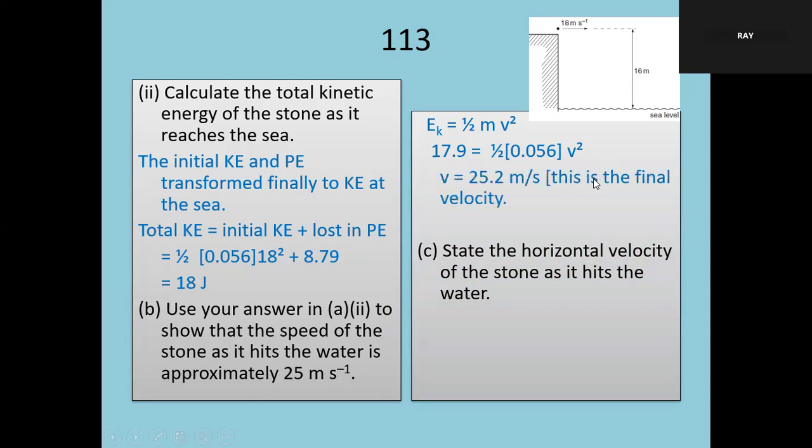So this is the speed. This is the final speed, final velocity, sorry. So it has a direction. Even though it's the final speed, it has a direction. Because it has a horizontal speed and a vertical speed, the final direction is somewhere there.